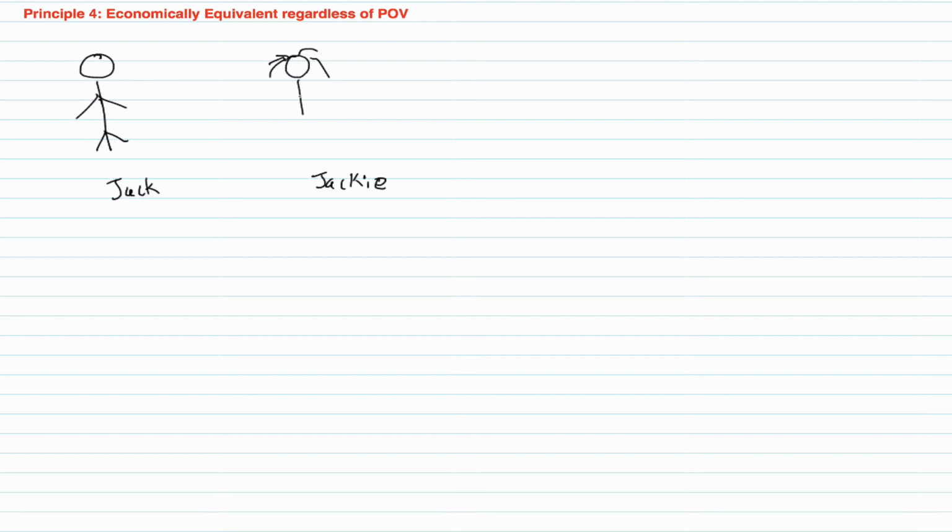My drawing isn't the best, so I'll try my best here. Jack is lending $100 to Jackie and she's borrowing from Jack.